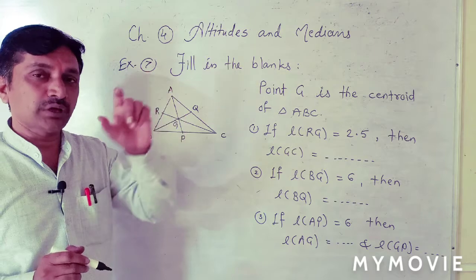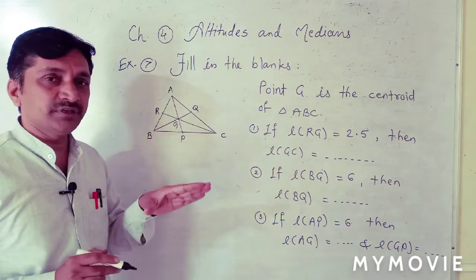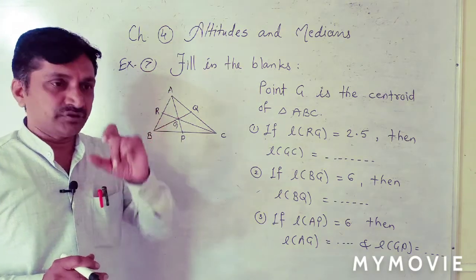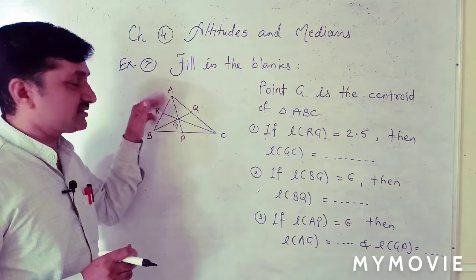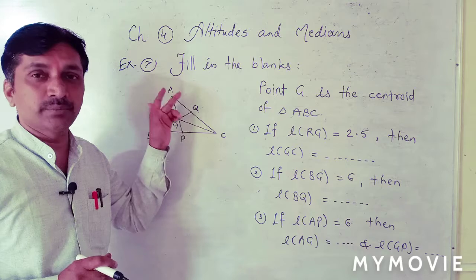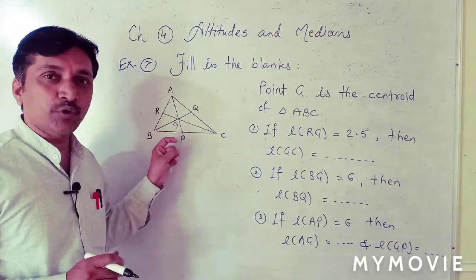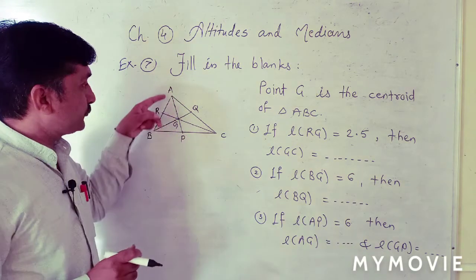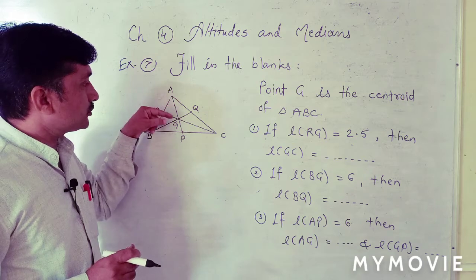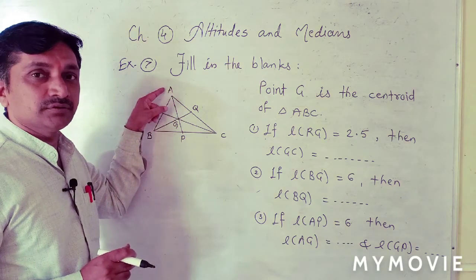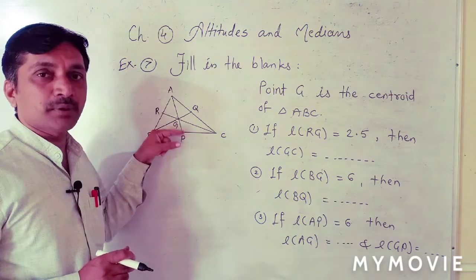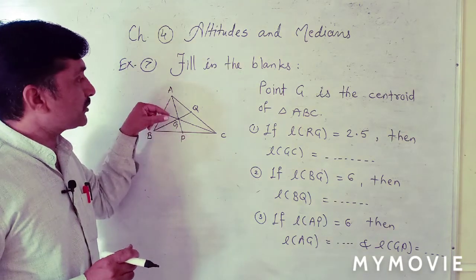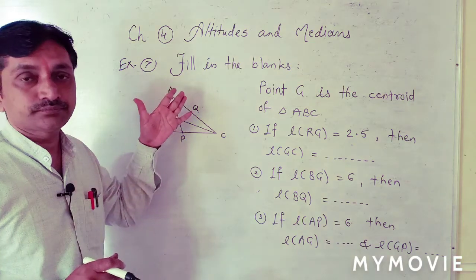This means the part towards the vertex is double, and the part towards the midpoint is half. If you know the part towards the vertex, then the down part will be half. If you know the part towards the midpoint, then the part towards the vertex will be double.